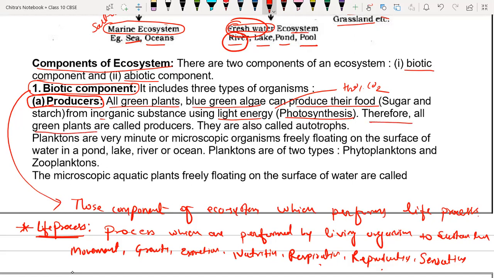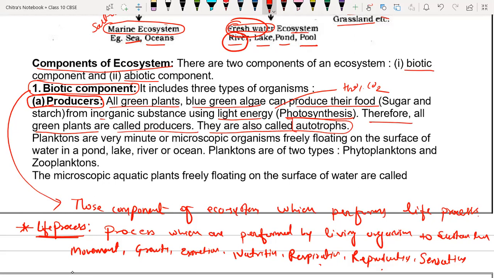Therefore, all the green plants are producers, because they make their own food. They are also called autotrophs. The components of ecosystem which produce their own food are called producers or autotrophs.